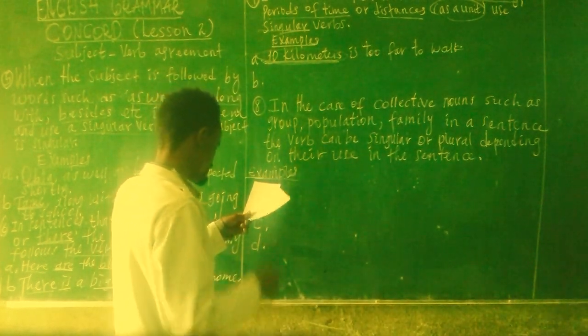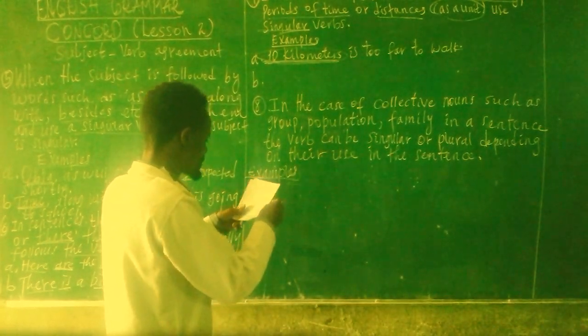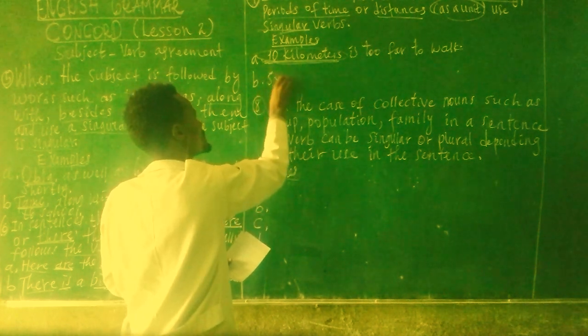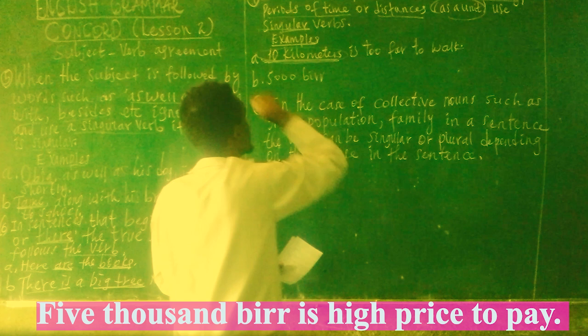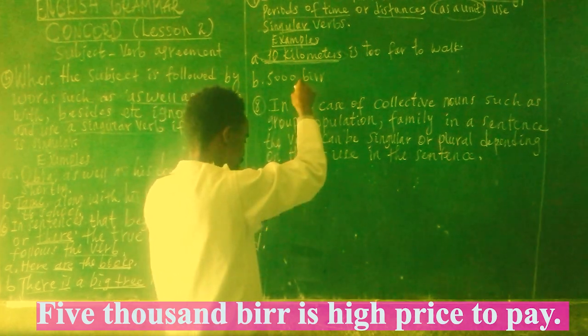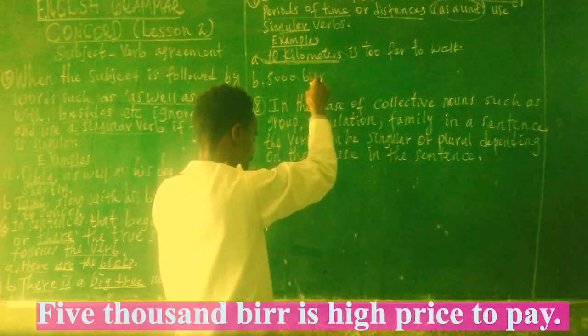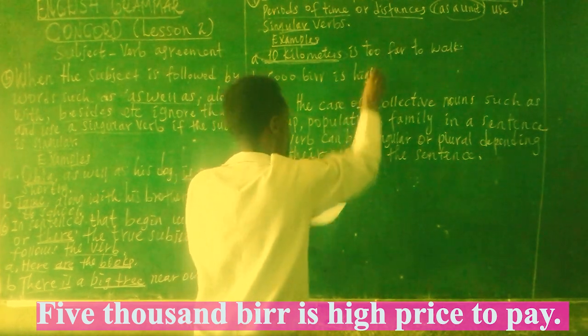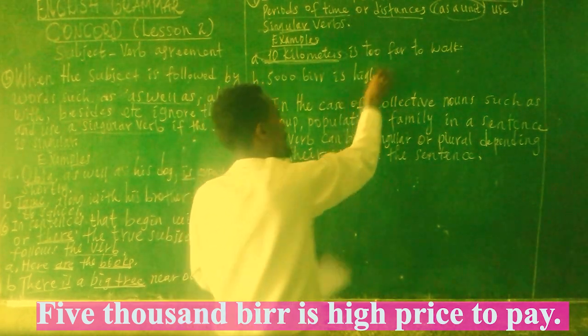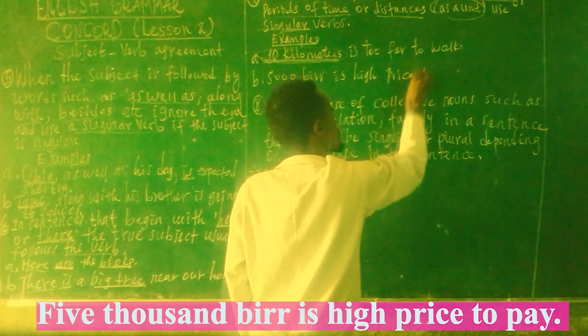Another example. 5,000 birr is a high price to pay. This is about a sum of money.